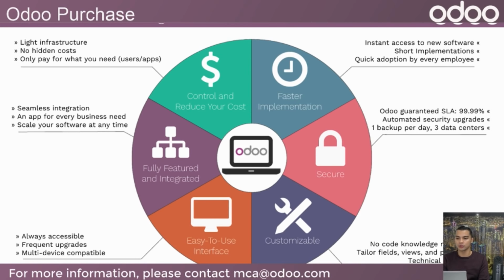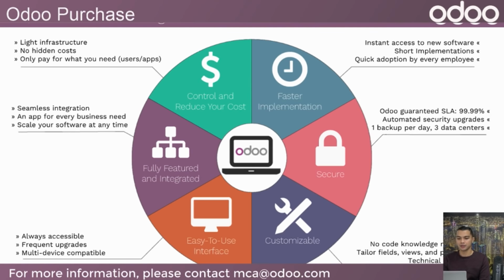The benefits of Odoo, besides the integration, are the light infrastructure involved, because it's cloud-based software, so your company does not need to manage physical assets or servers. In terms of security, we have an Odoo-guaranteed SLA of 99.99%, with automated security upgrades, 1 backup per day, and 3 data centers across the world.